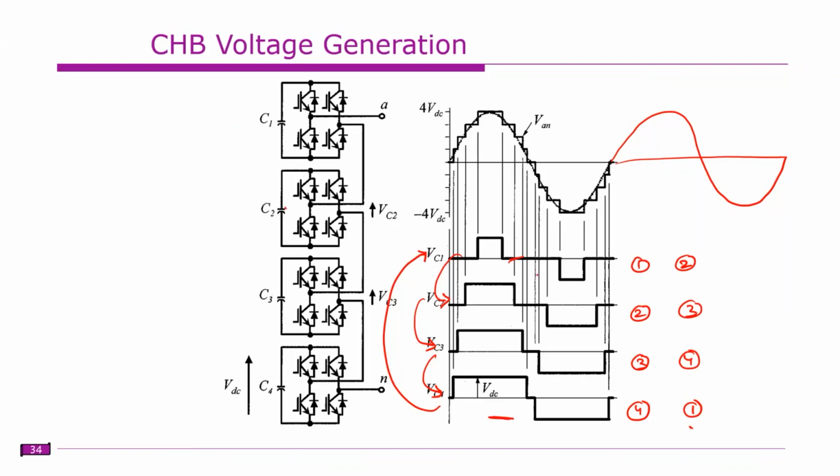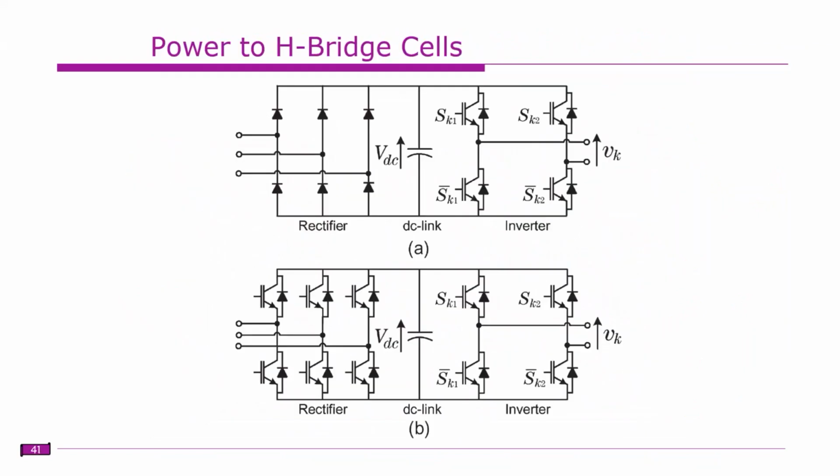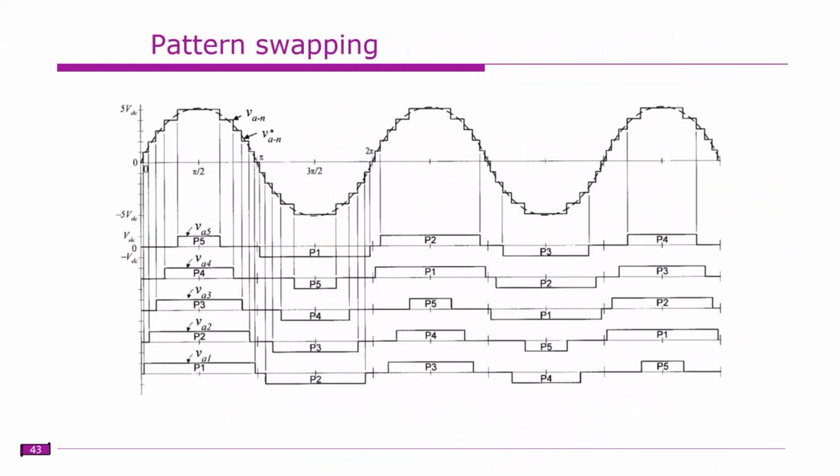Maybe in the subsequent cycle, this will be 2 here, 3 here, 4. So in the next subsequent cycle, we have 5 H-bridges here.